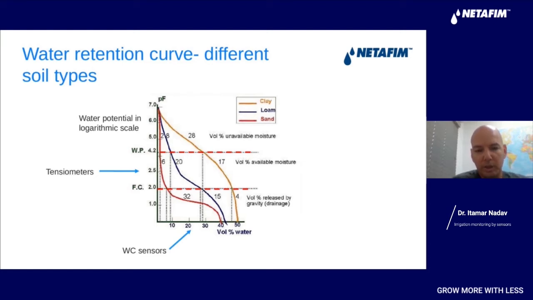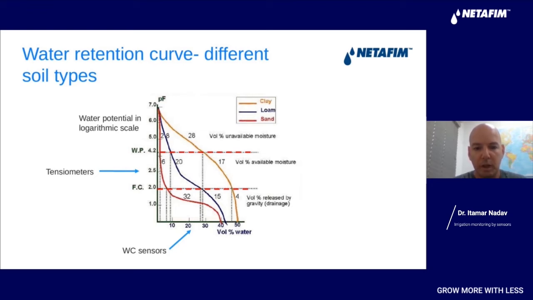So in order to understand the differences between different soils, we have the retention curve, which is different between different soil types. And you can see that the retention curve has two axes. We have the y-axis, which is the water potential, which a tensiometer measures, and we have the x-axis, which is the water content, and we can measure it with water content sensors.